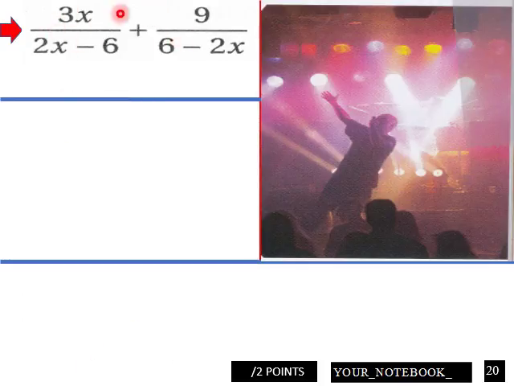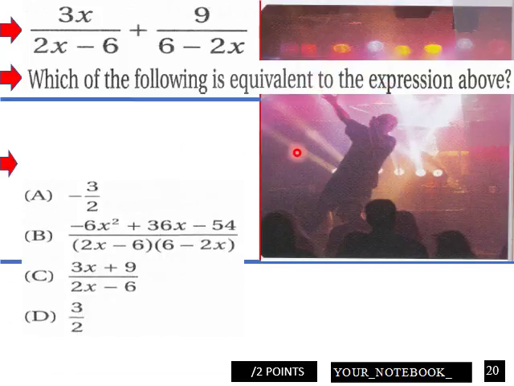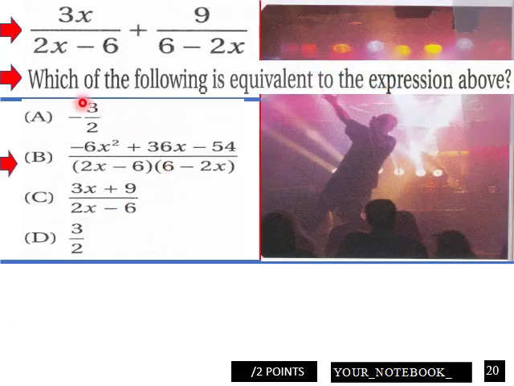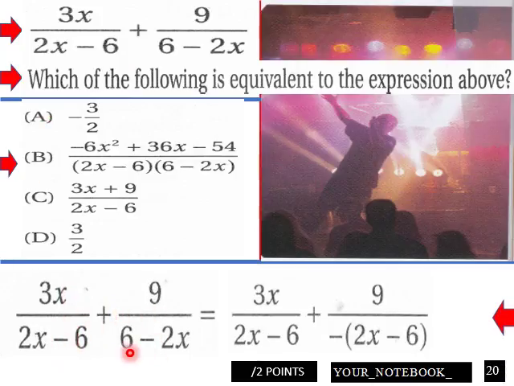So with these two here, we're trying to add those two. Which of the following is equivalent to the expression above? So actually, when you combine these two here, which one of these expressions equals this sum up here? To add these two, we have to factor out a negative 1 here.